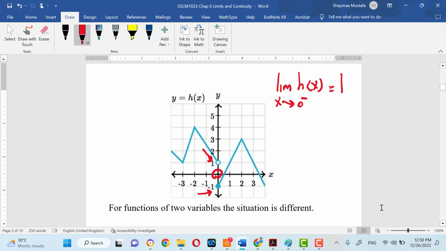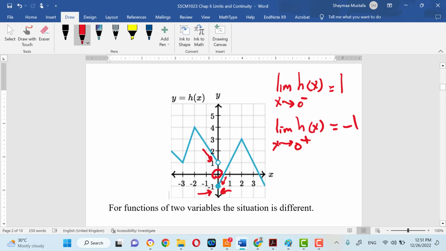Okay, what about if I come to 0 from the right? If I calculate the limit when I come to 0 from the right, then we will find that the function goes to -1. The function itself goes to -1, not to 1. So here this is -1, this is 1.